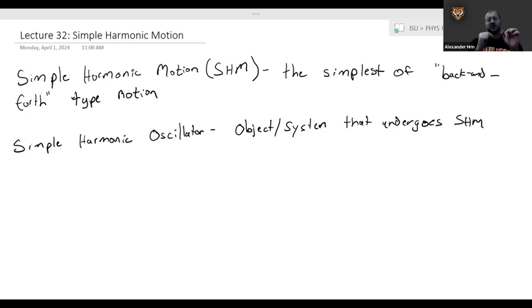But that oscillator is doing other things. Okay, so it has its own speed, it has its own spin. All these things are going on with it. So a simple harmonic oscillator is a system that can undergo simple harmonic motion, but may also do other things. That's the main idea.